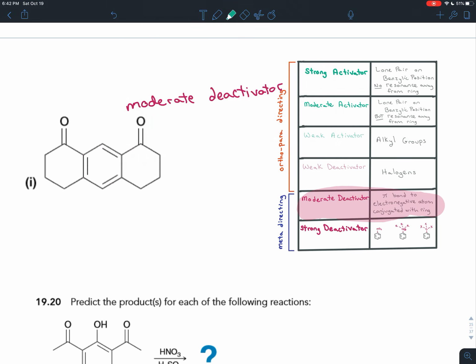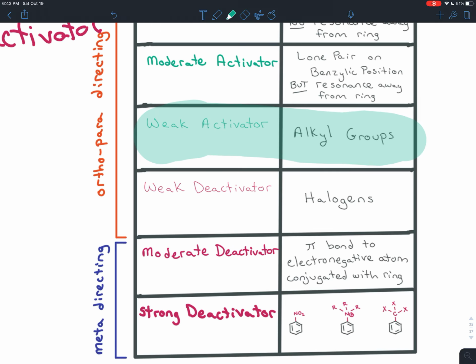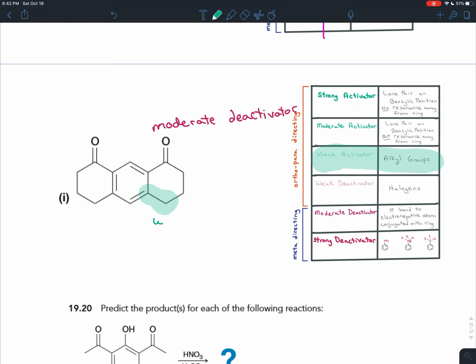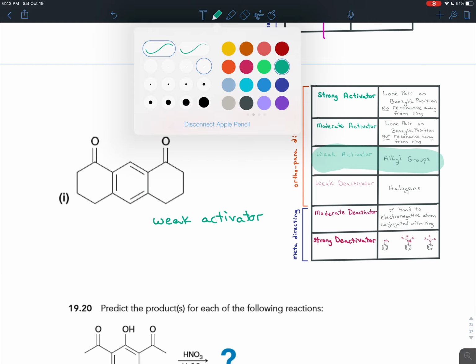Then at the bottom, what we have is an sp3 hybridized carbon. This is really a carbon chain, so that's an alkyl group. And the alkyl groups are weak activators. So that's a weak activator. Oops, let me just fill in the directing effects here.